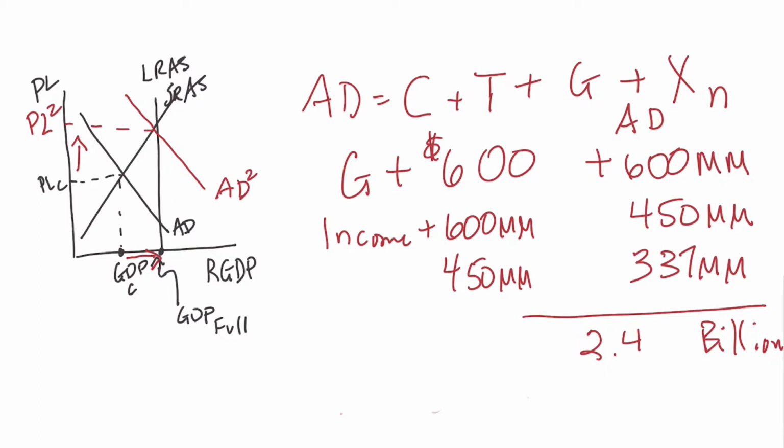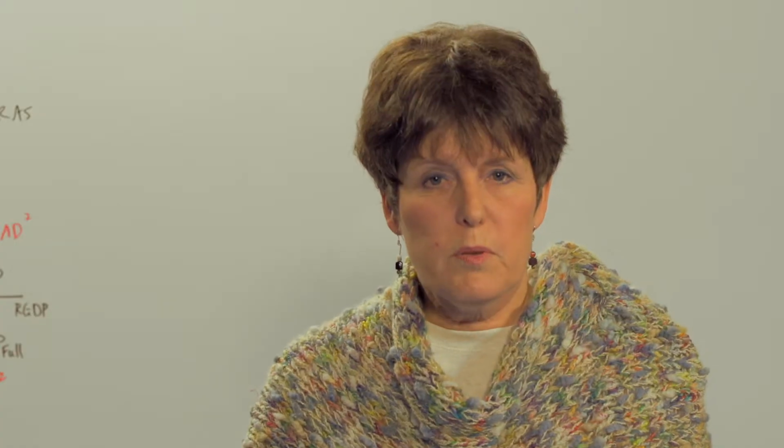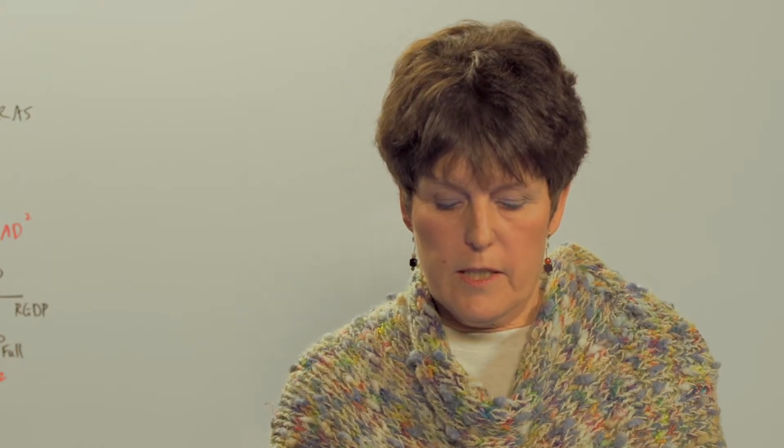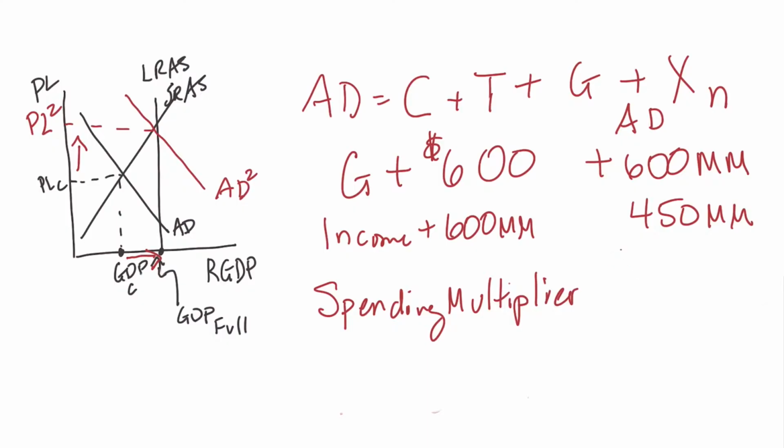Maximum potential impact on output from the $600 million purchase of jets by the government. The multiplier effect of spending can be calculated by dividing 1 by the marginal propensity to save. In our case, the spending multiplier is 4.